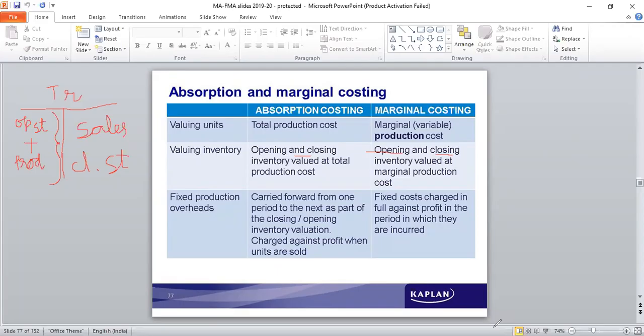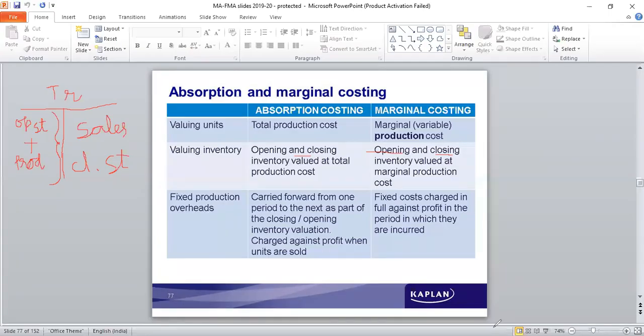At this point, there are two different methods which have a different point of view as to what cost should be charged to these closing units, closing inventory, closing stock. What should be the value which should be charged?